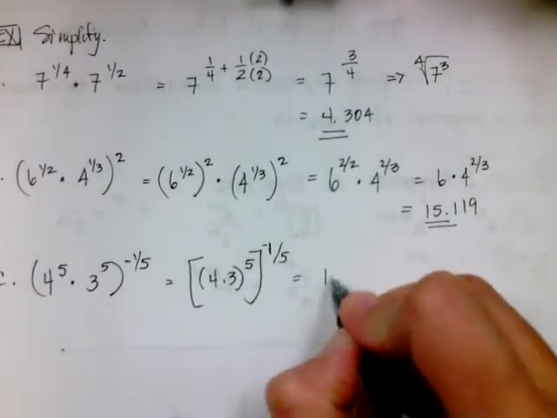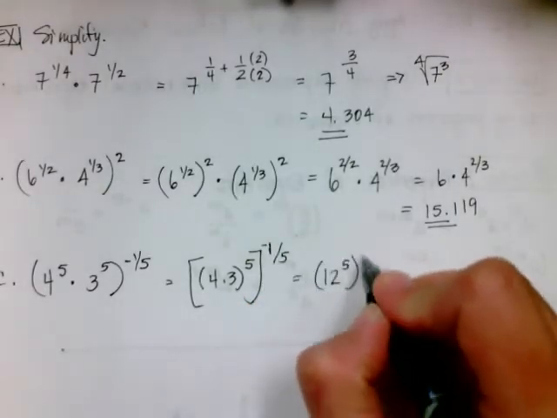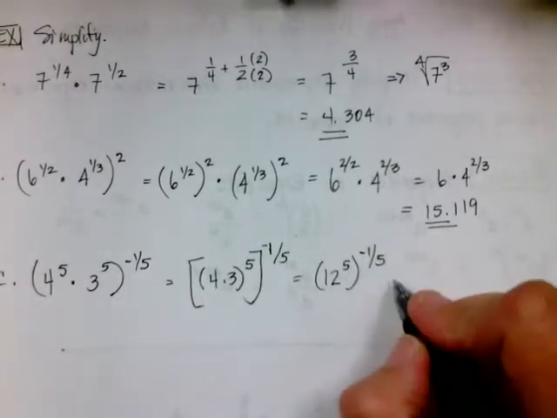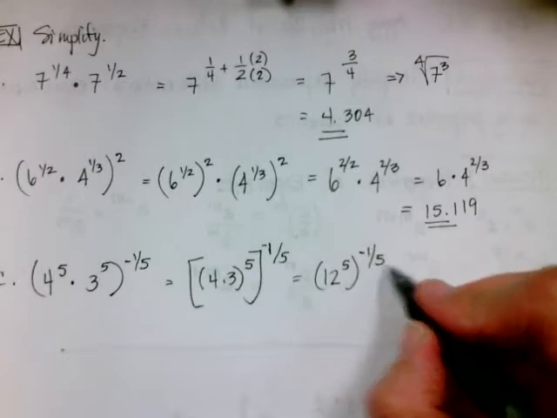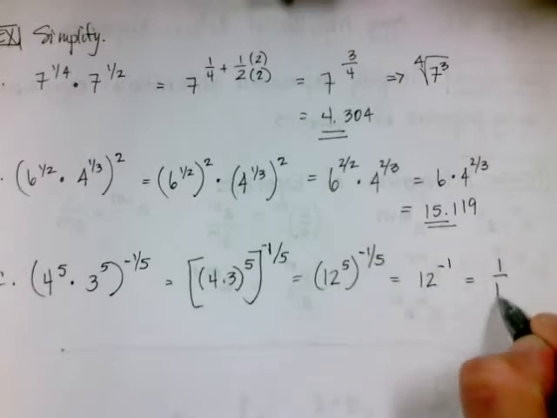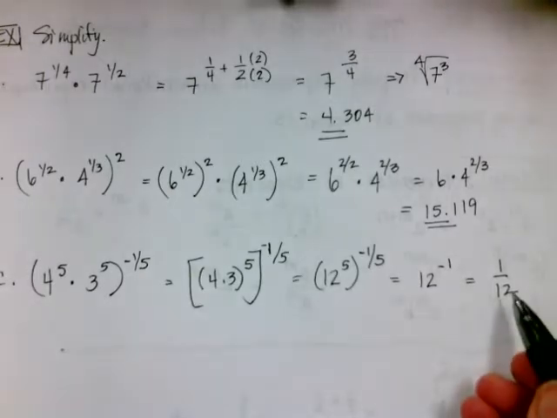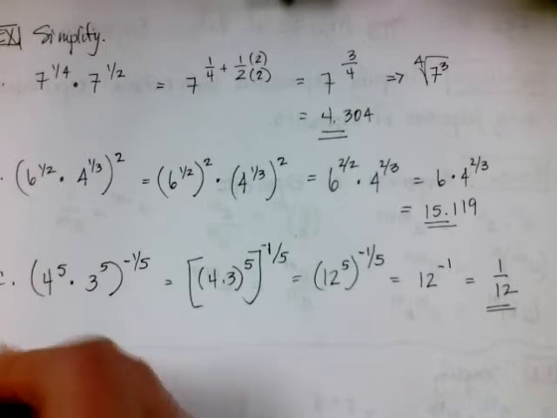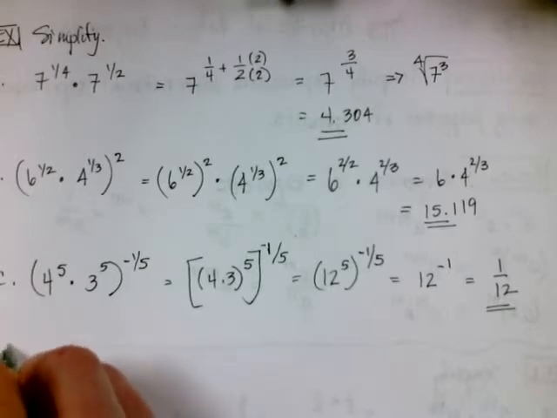So now this is going to be 12 to the 5th raised to the -1/5. A power to a power is multiply. 5 over 5 is a -1, so it's going to be 12 to the -1, which is 1 over 12. And I can leave my answer as a fraction like that. That's very polite.